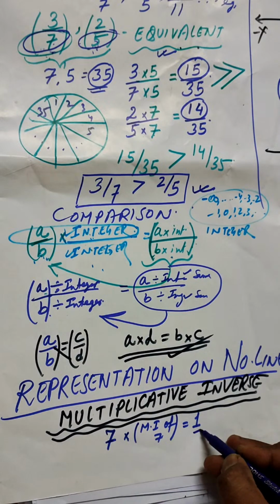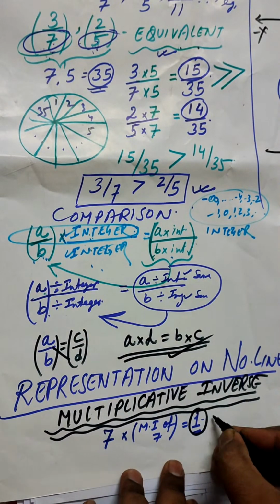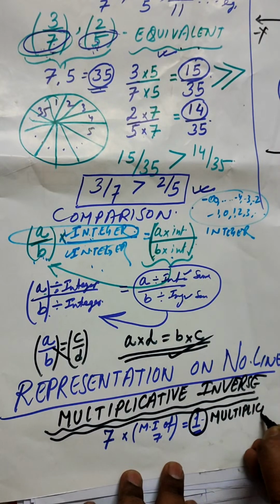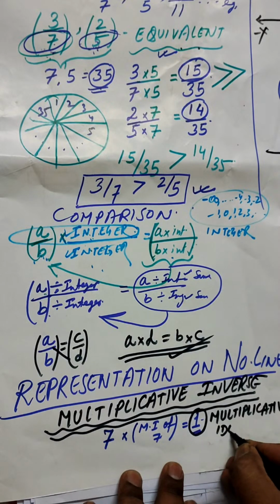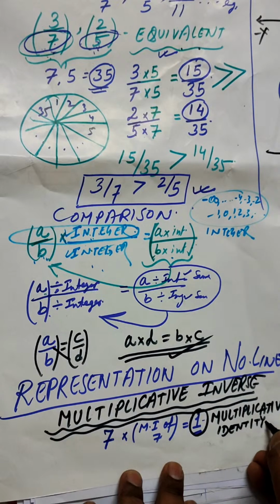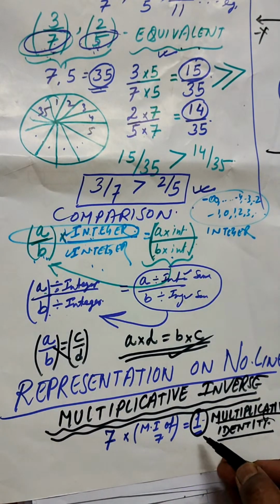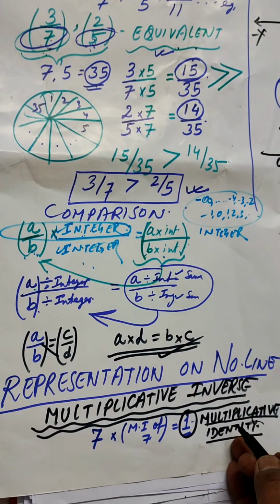This is also called the multiplicative identity, right? 1 is also called the multiplicative identity. This question comes into exams many times. What is the multiplicative identity? 1 is the multiplicative identity. As we have learned in additive inverse, 0 is the additive identity.